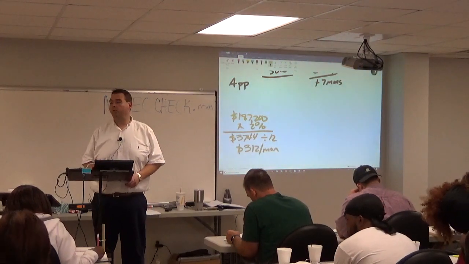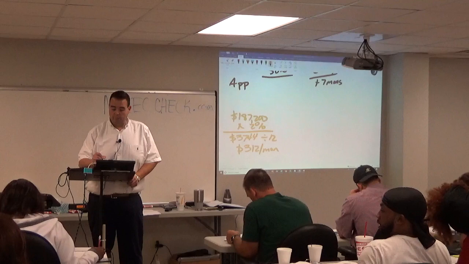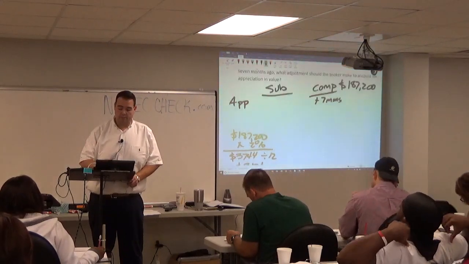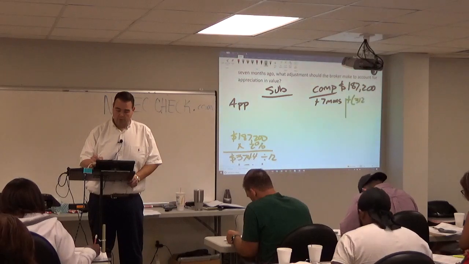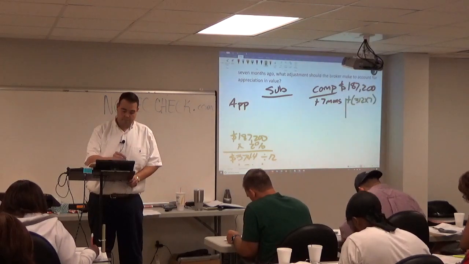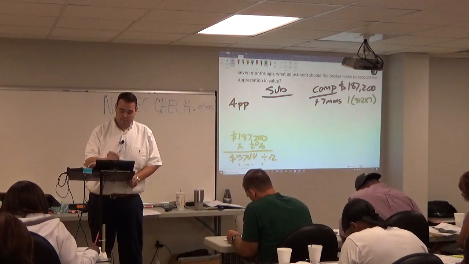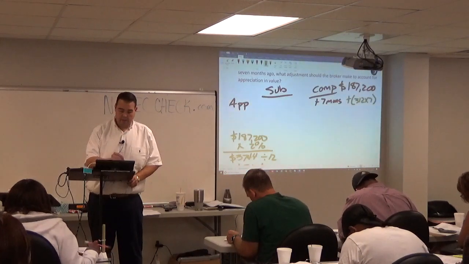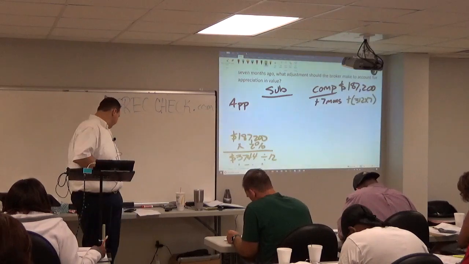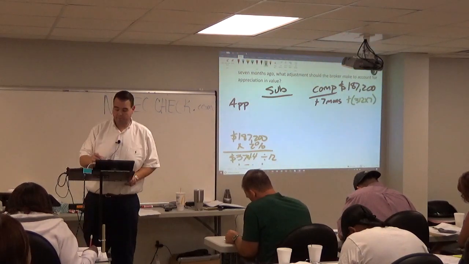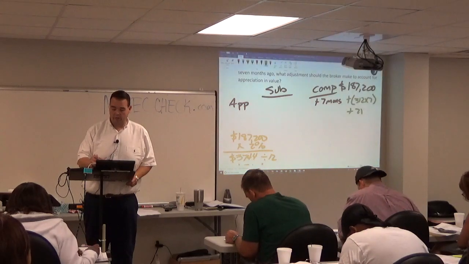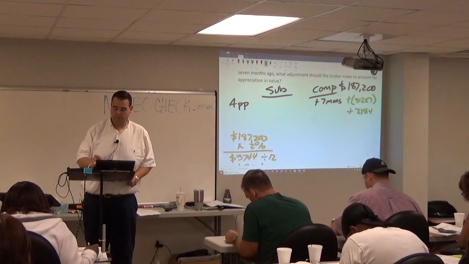And they want 7 months of it, right? So that's going to be over here plus 312 times 7, which is plus how much money? $2,184. Okay. So plus $2,184.